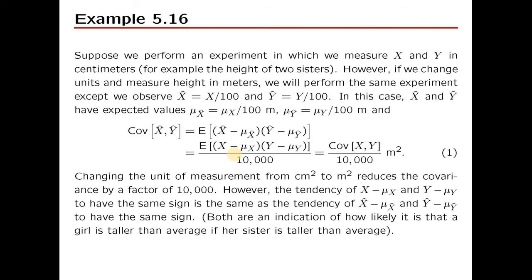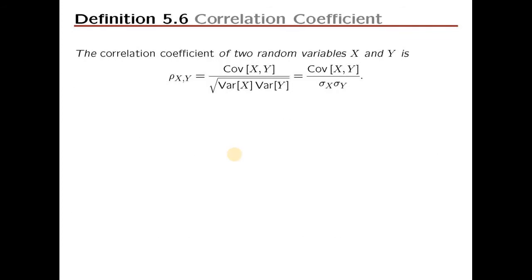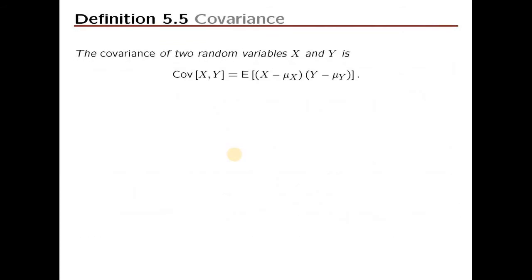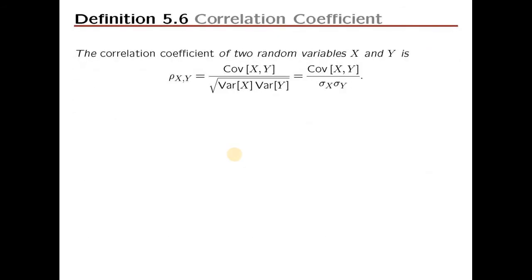Okay, we move to the next definition, and this is correlation. The difference between covariance and correlation is that correlation tells you the relation between two variables.